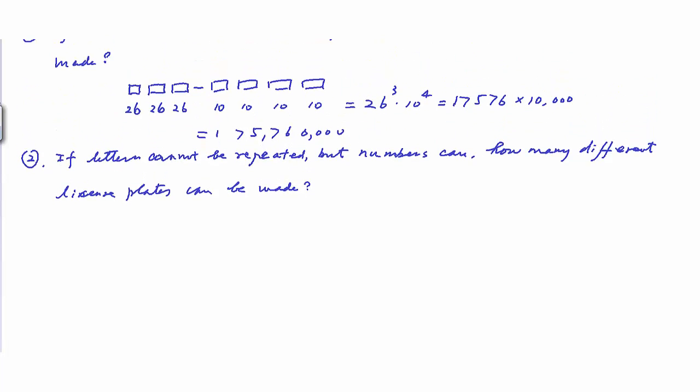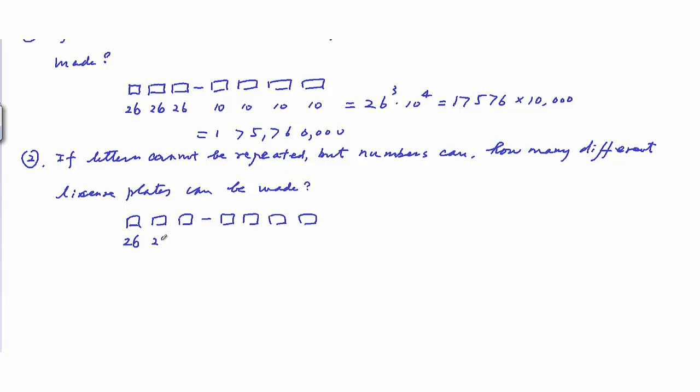If you look at this question again, we have 7 spots, and then see how many ways to complete each spot. Now, for the first spot, you have 26 letters to choose from. However, for the second spot, because letters cannot be repeated, once a letter is used, you cannot use it again.